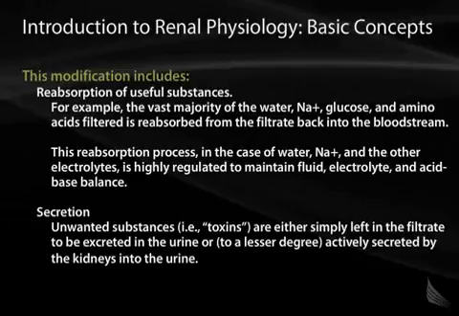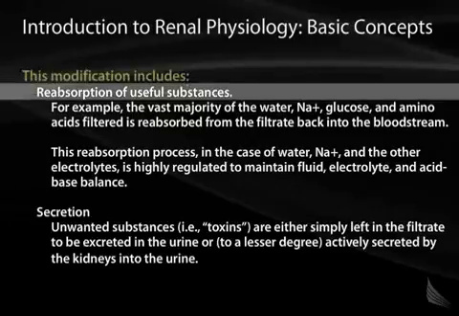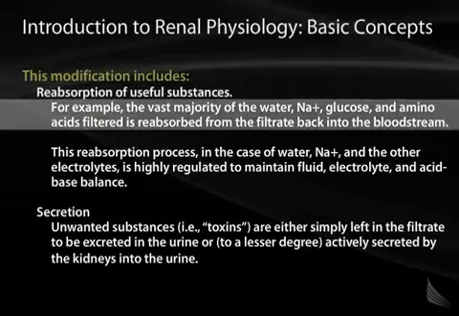As we mentioned, the kidney is responsible for maintaining homeostasis. In order to achieve this, the kidney must modify the glomerular filtrate into the final composition of urine. It does this by modification processes. The two major modification processes include reabsorption of useful substances and secretion of unwanted substances. For example, the vast majority of water, sodium, glucose, and amino acids are reabsorbed from the filtrate back into the bloodstream.